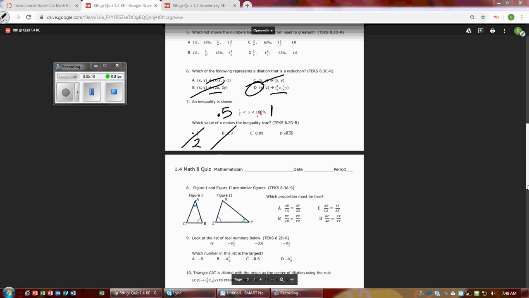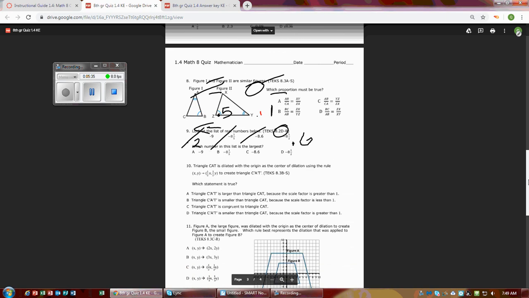That's not going to work. 0.09, that is outside of the 0.5. That's way less, so therefore that's not going to work. And then just double check, control divide, I get 0.6. Yes, that is between 0.5 and 1, so my answer should be D. All right.